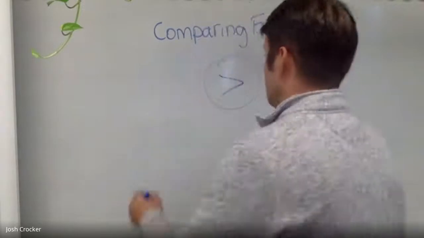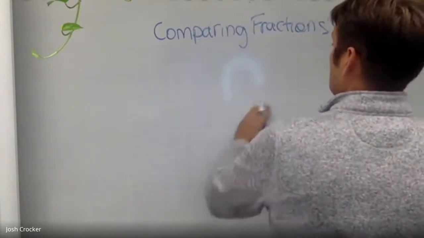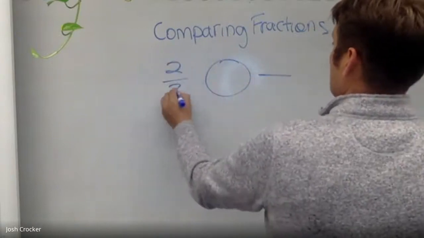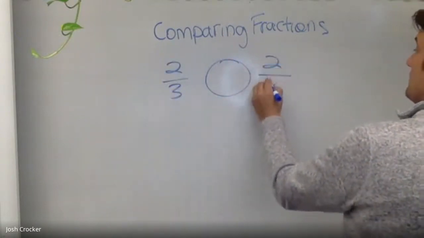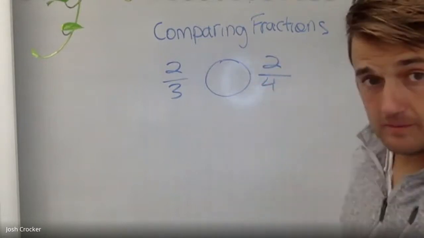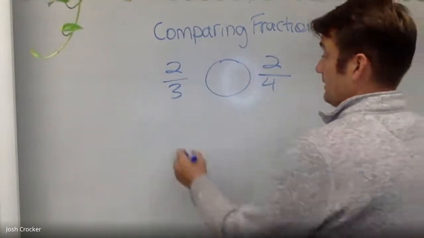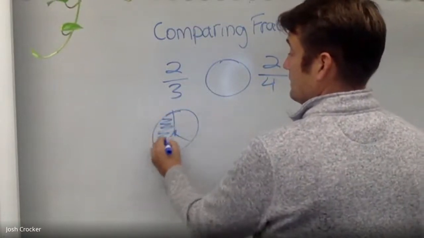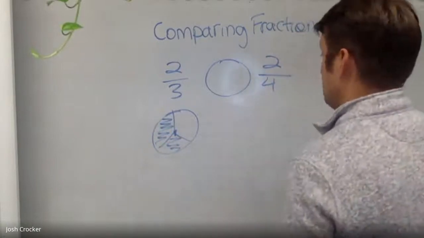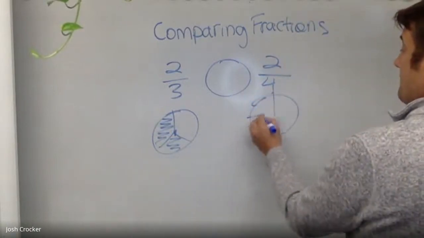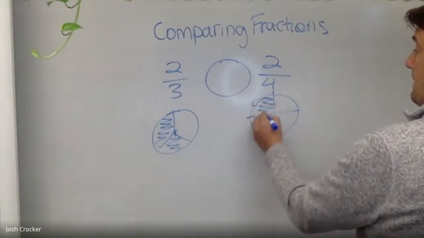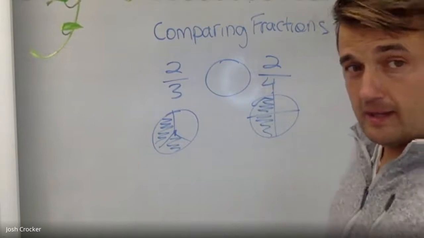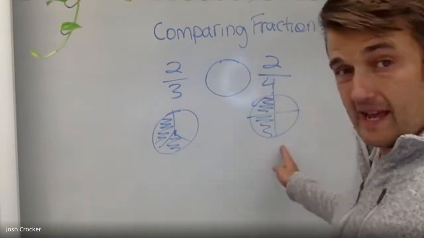Okay, let's look at another one. Okay, what if we did 2/3 or 2/4? What would be the answer there? Well, okay, let's check. There's thirds. That's what 2/3 would look like. Fourths. Okay, so when I draw myself that model, I can see that 2/4 is half.